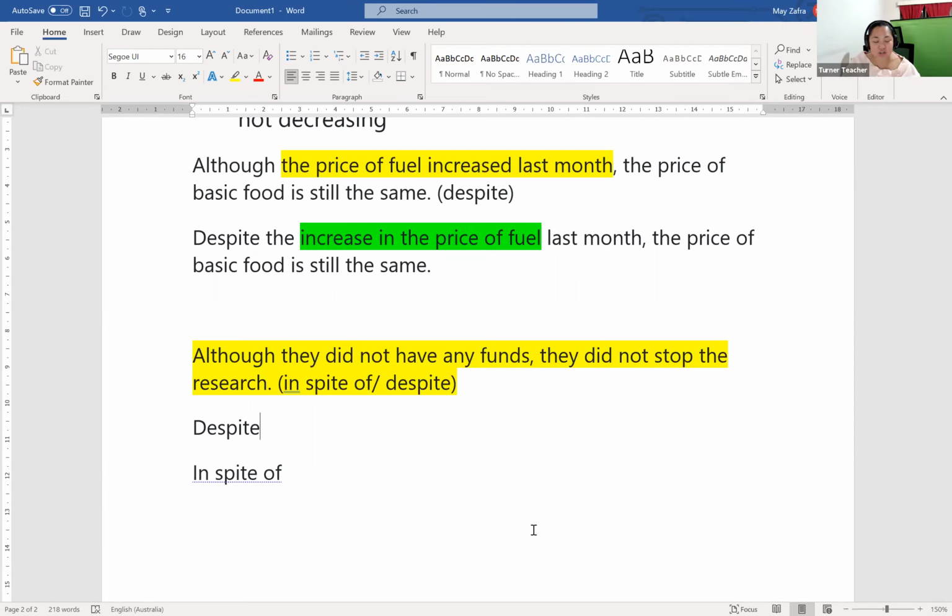And then you have to use a noun. Insufficient is an adjective, I think. Yeah, it's an adjective, so you can't use that.